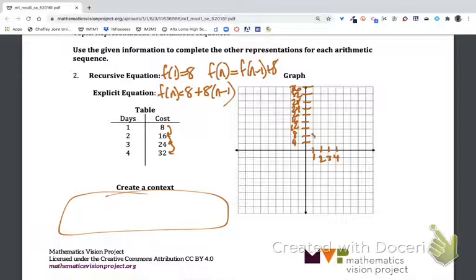And 1 would be at 8, 2 would be at 16, 3 would be at 24, 4 would be at 32, and you notice that it's in a straight line. But because this is a discrete function, because we are giving a certain number of days and a total cost, we'll leave them as those points on the graph that you see.